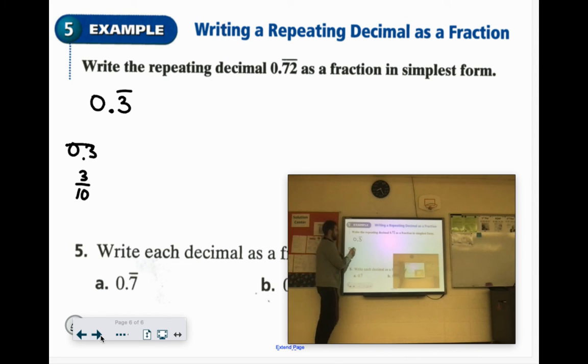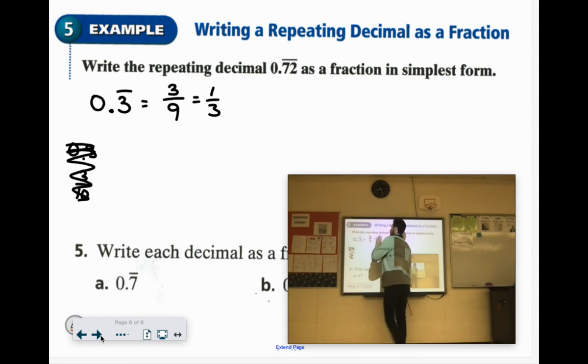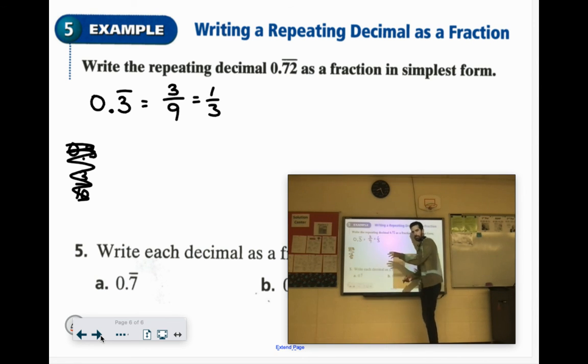So if you have just one digit that's repeating right after the decimal, you're just going to put that digit over a 9. Okay? So if it didn't have the repeat, you put it over 10. Now you're going to put it as 9s. And then you simplify this. 3/9ths would be 1/3. And if you do 1/3 in your calculator, it'll give you 0.3 repeating. So if it's one digit that repeats right after the decimal, put it over 9.